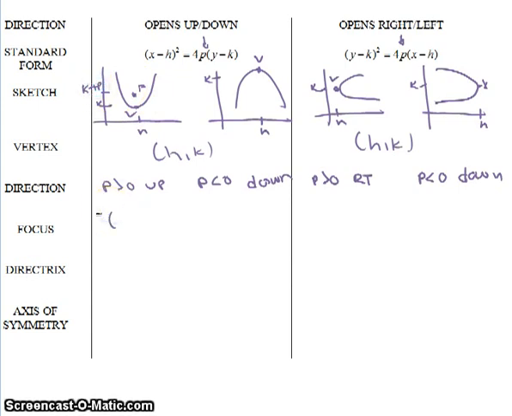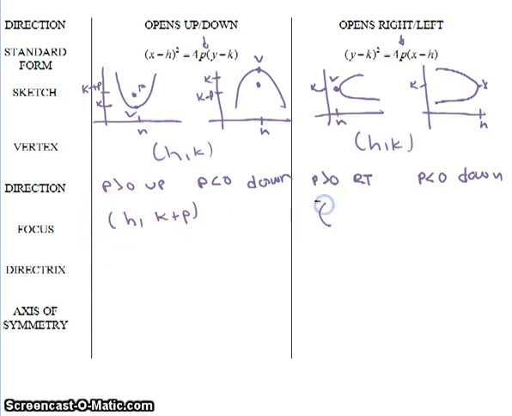So the coordinates of the focus are h, that's my x coordinate, and then the y coordinate, instead of going up k, went up k plus p. It works the same over here, except you go up to k, and then since P is negative, that's why it opens downward, you go negative P units. So it's k minus p, but p is negative. So it just works out that this is the focus.